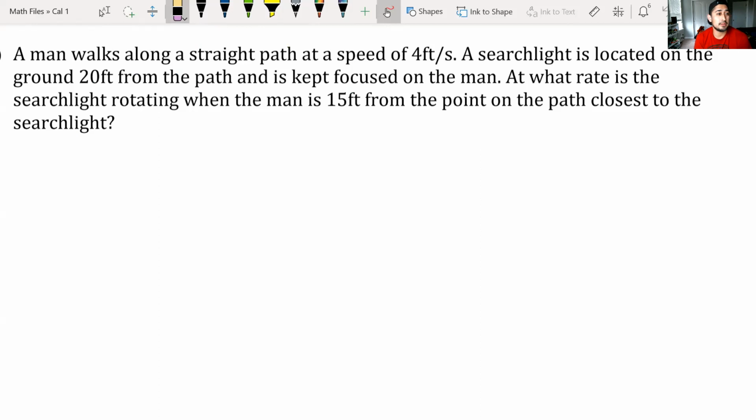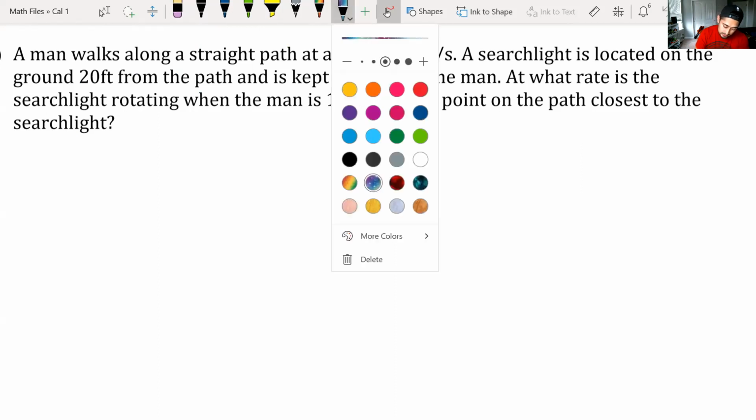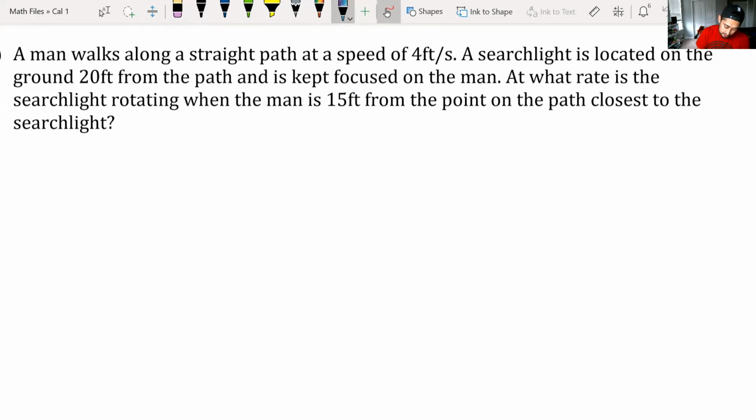Okay, diagram first. A man walks along a straight path of 4 feet per second. So let's draw that out. So he's walking a straight path, somewhat straight, right? Of 4 feet per second. So maybe we could draw that in.